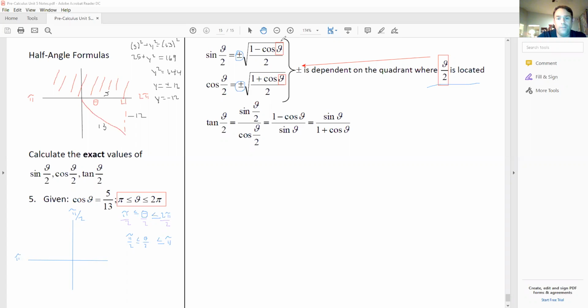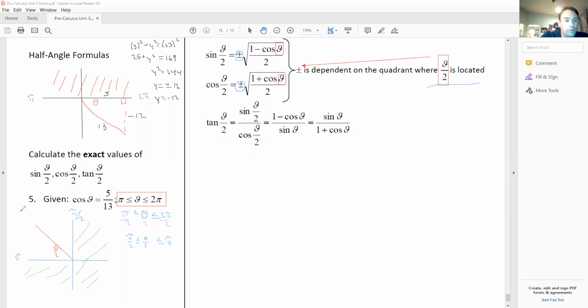If my half angle is somewhere in here, and again, I don't know what that angle is, but if my half angle is somewhere over here, which means I can't be in quadrant 1, 3, or 4. So I'm between pi over 2 and pi for that half angle.